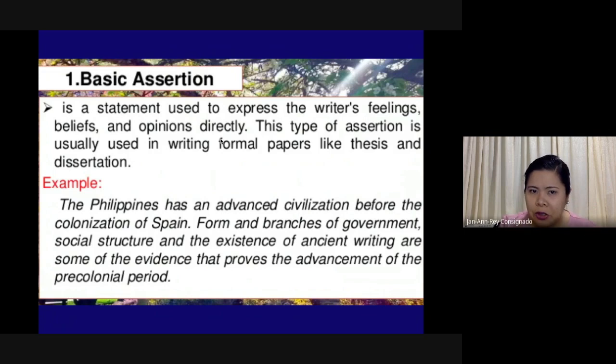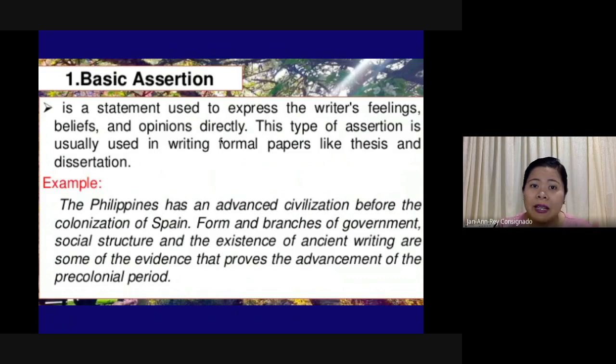This type of assertion is usually used in writing formal papers like thesis and dissertation. Example: The Philippines has an advanced civilization before the colonization of Spain. Form and branches of government, social structure, and the existence of ancient writing are some of the evidence that proves the advancement of the pre-colonial period.